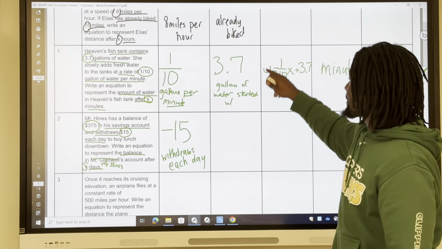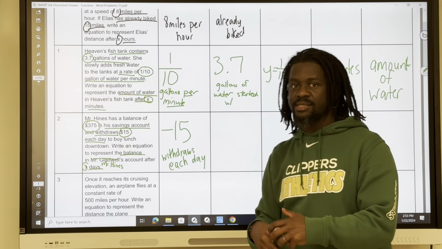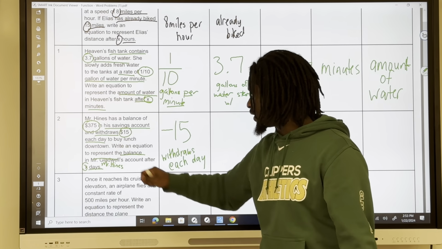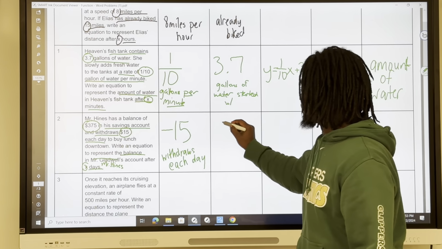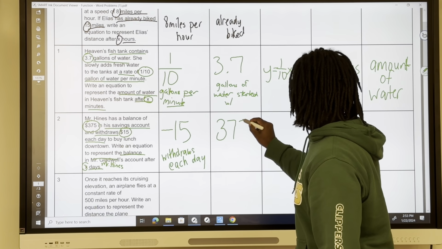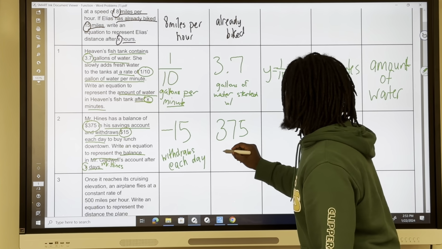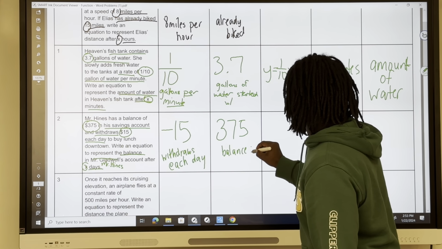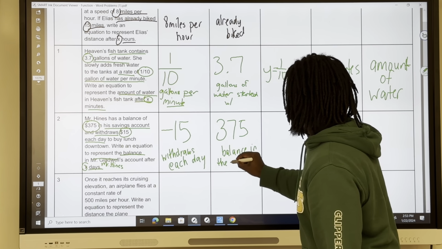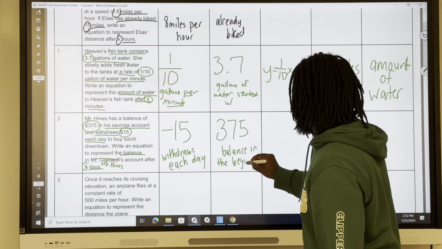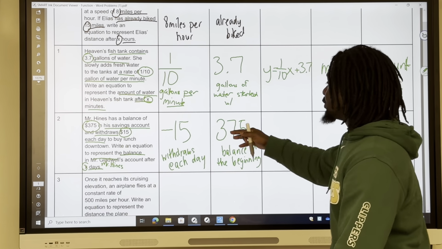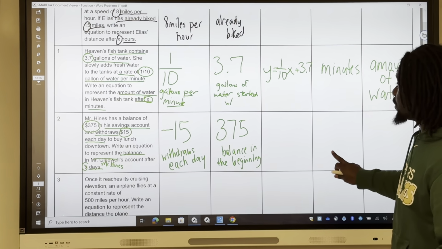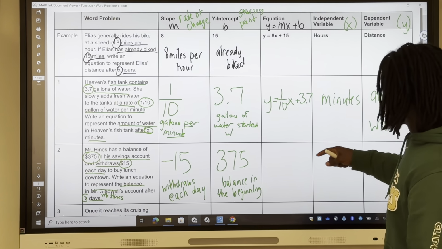And then the y-intercept is sort of the starting point, right? Where does he begin? Well, how much does he have in his account to begin with? It is the $375. That was the balance in the beginning. Okay, so his beginning balance was 375. And so now I'm going to write my equation, right?